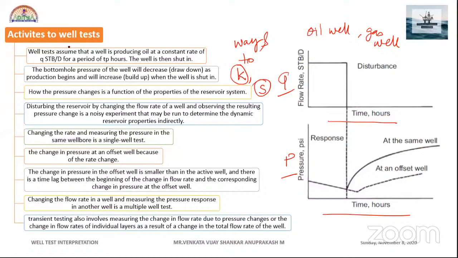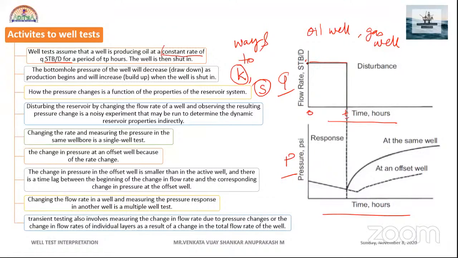So what does a well test assume? You have to make a note of this point. A well test always assumes that the well is producing oil at a constant rate. It may be gas as well, but it will always be measured at a constant rate. If you observe the diagram here, it shows the flow rate from time 0 to some time t, from the start of your well test up to the time you are considering.